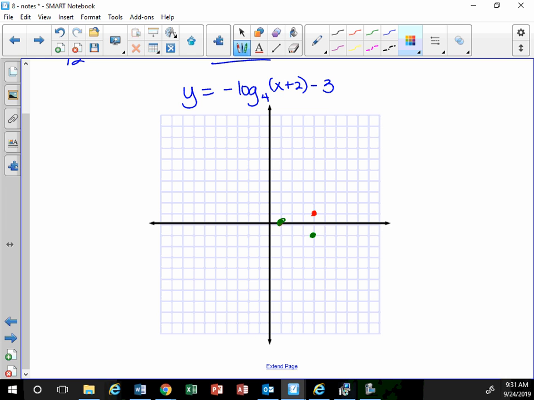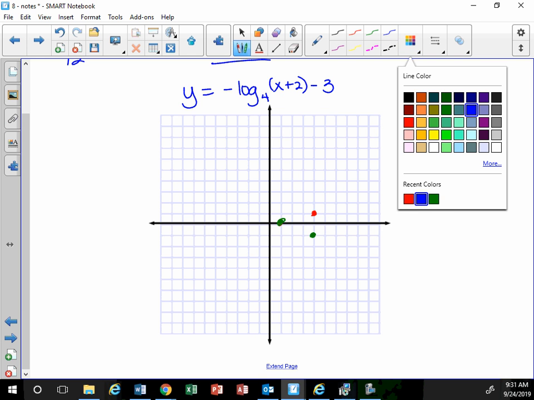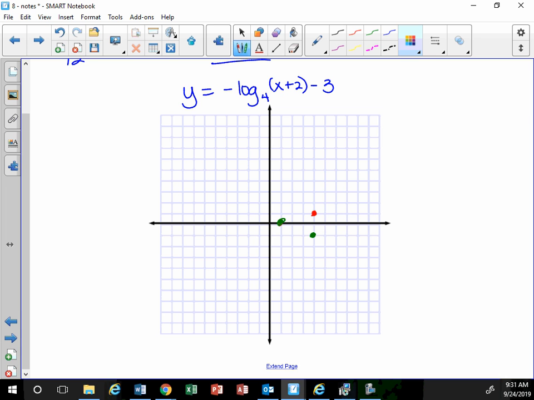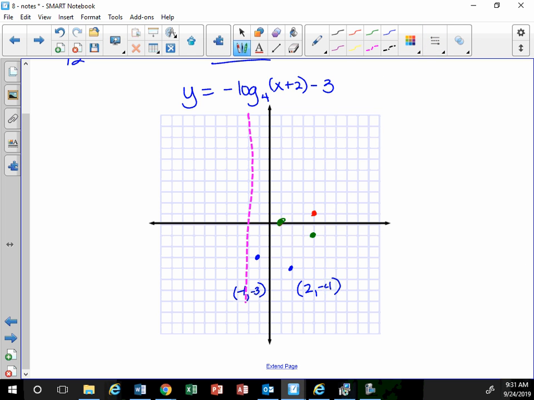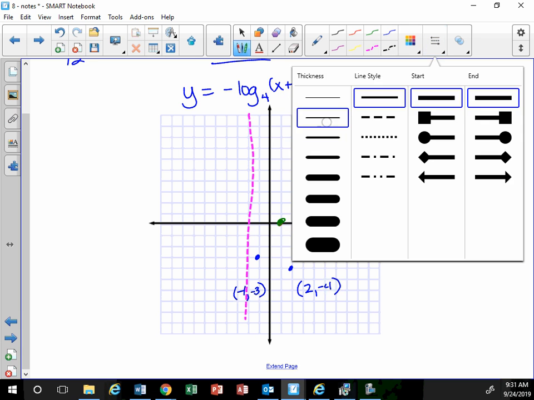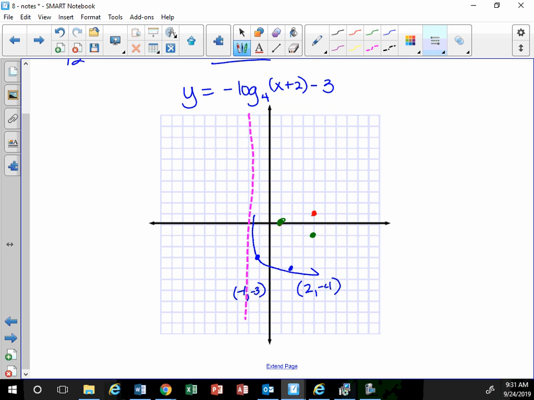And then we can finally shift left 2, down 3. Left 2, 1, 2, 3. So (-2, -4), (-1, -3), and you've got your asymptote. Whoa, that's a terrible asymptote. Little wiggly. That's your graph. Okay, how'd we do? Obviously Griffin got it. Did anybody else get it? Okay?